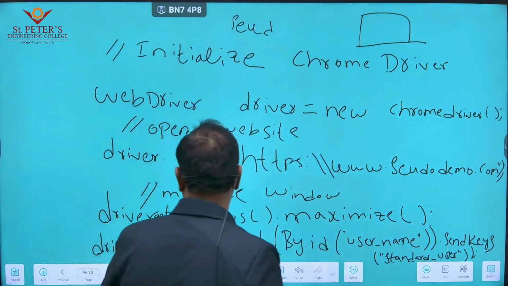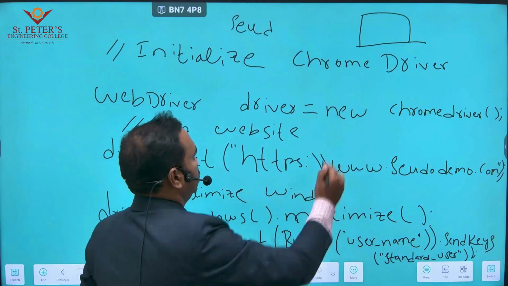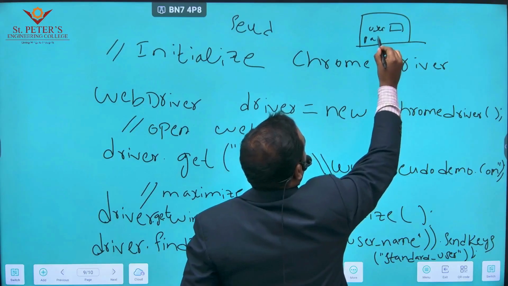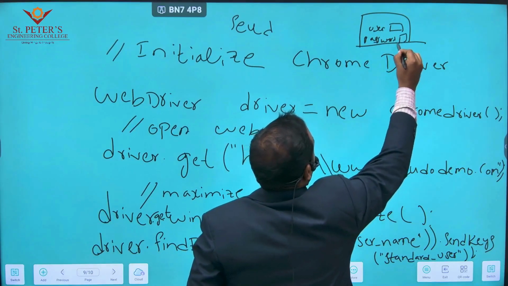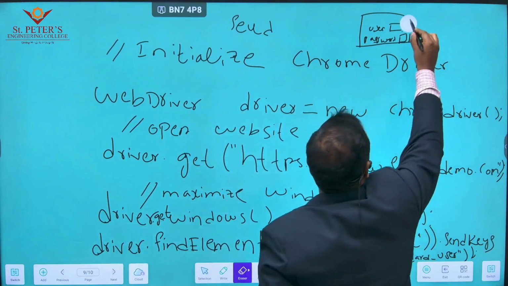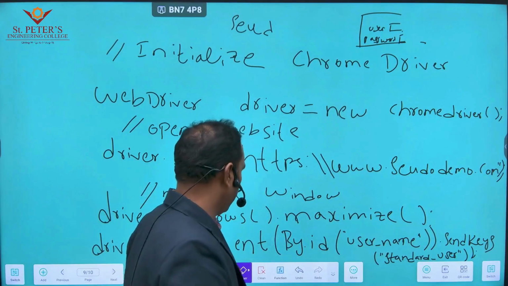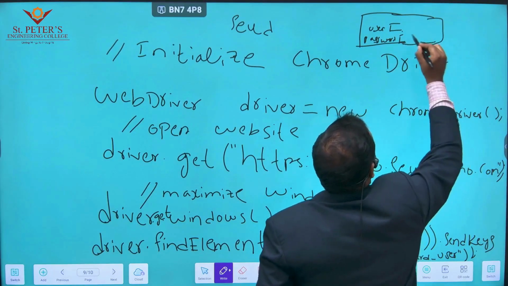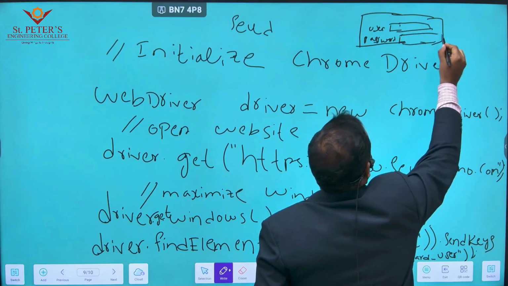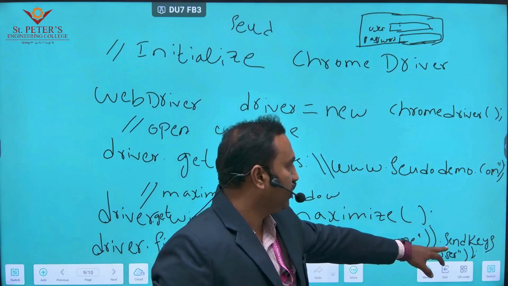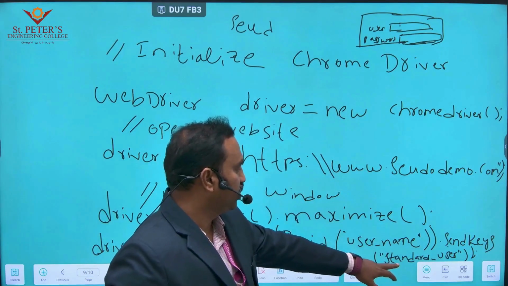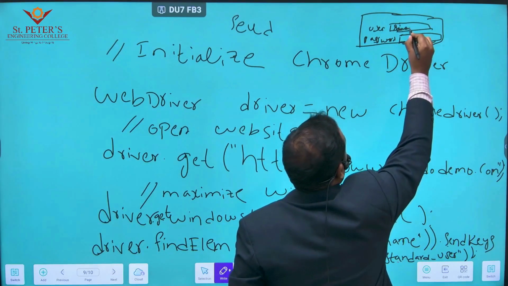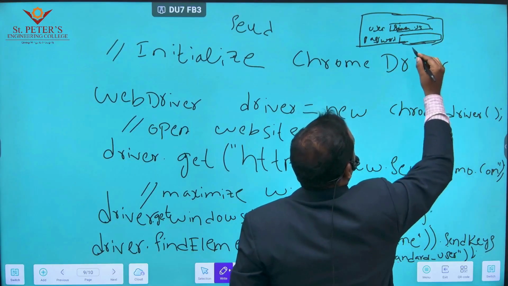What this line is going to do: on this website there is a username and this is the password. I hope everyone is able to understand this concept, related to automation. Send keys means it will type standard underscore user here.